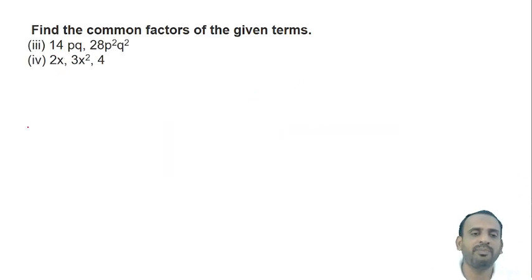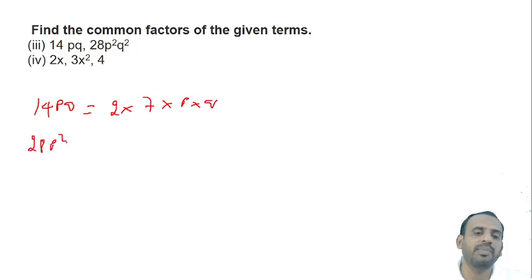Next we have 14pq and 28p square q square. So 14pq we can write as 2 into 7 into p into q. Next, 28p square q square, we can write it as 2 into 7 into 2 again into p into q again into p into q, because we have p square and q square.